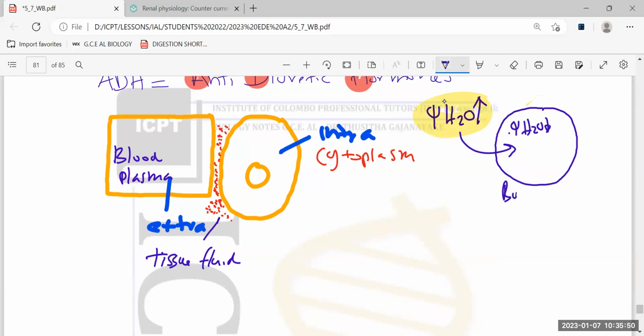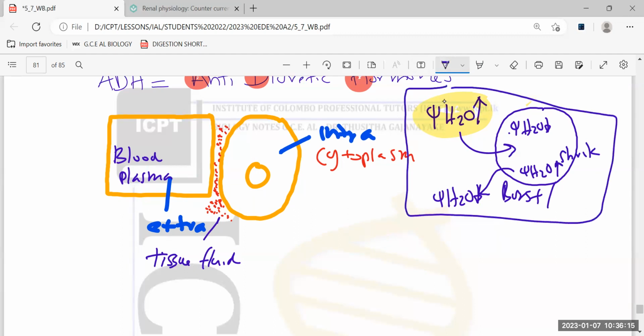Then the cell can burst and rupture, right? On the other hand, if the water potential is low outside and high inside, water goes out. This leads to shrinkage of the cell. This concept we learned at AS level: isotonic, hypertonic, and hypotonic solutions.